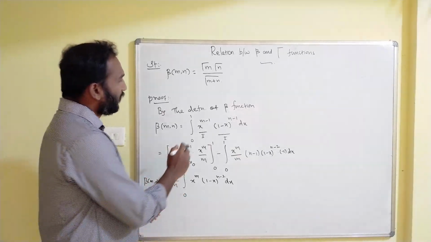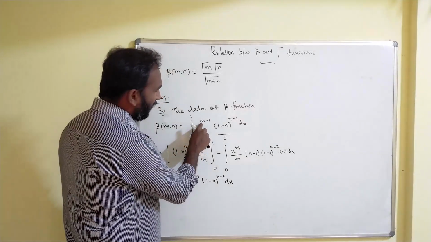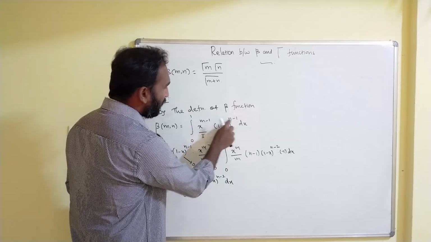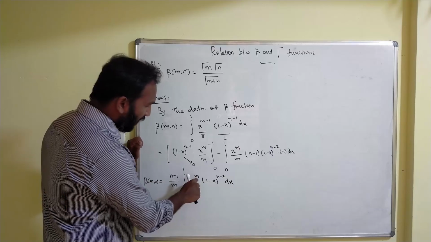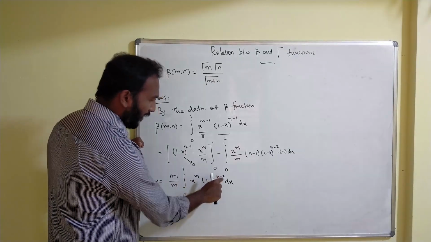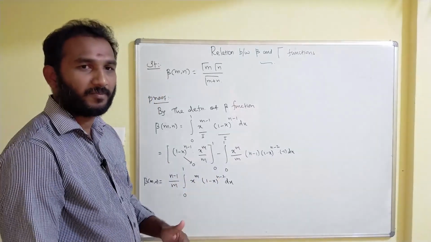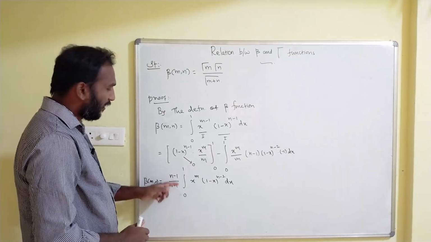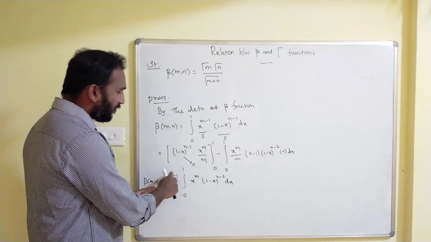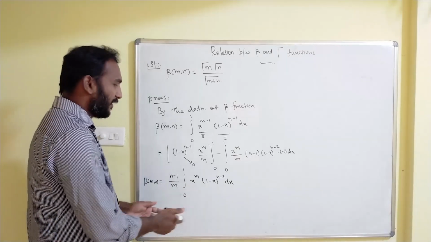And second thing, you just add the powers. Here it is m minus 1 plus n minus 1, so m plus n minus 2, and here it is m plus n minus 2. If you perform another operation, again you will get m plus n minus 2. The only thing is that the constant value will be varying.